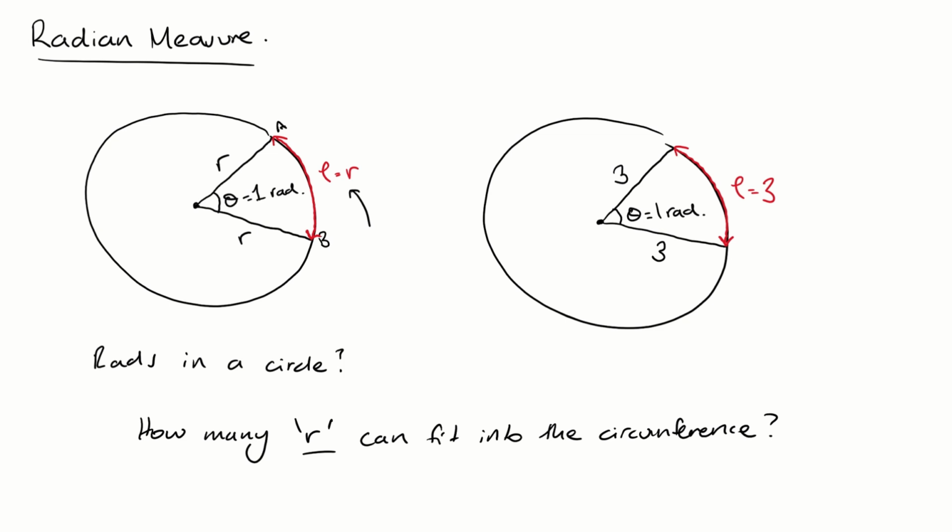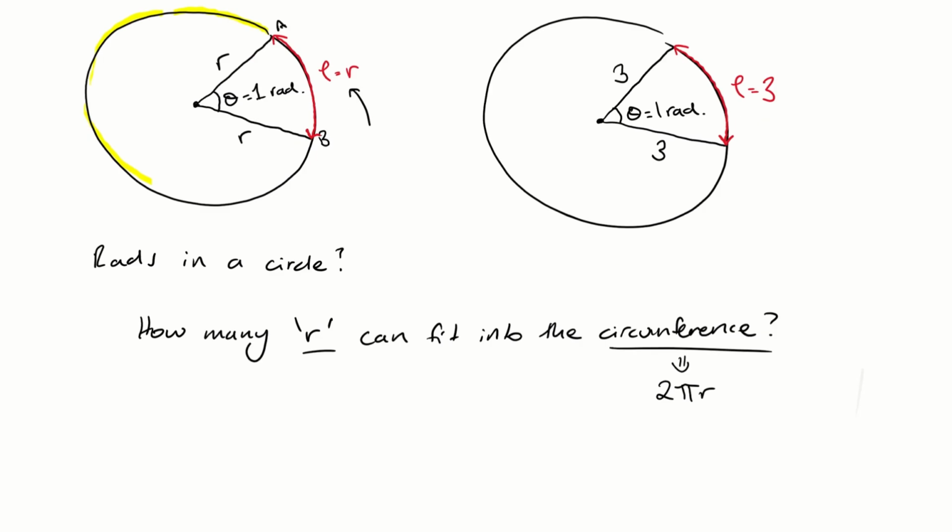We could fit another one there, another one here, another one here, etc. How many of those could we fit around the circle? And that's going to tell us how many radians we've got inside of our circle. Well, first of all, we've got to think about how long the circle's circumference is. We know that the circle's circumference is 2 pi r units long.